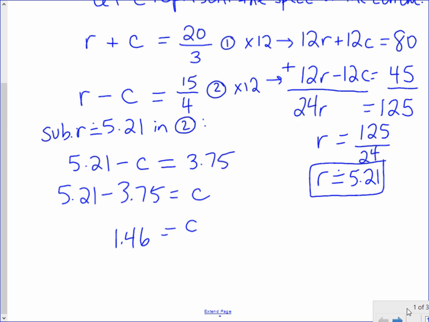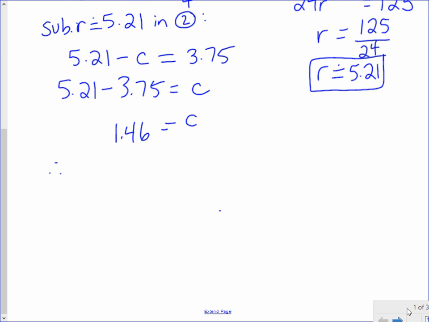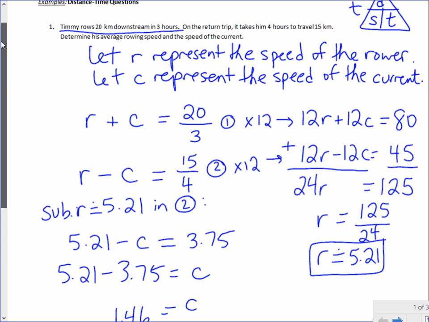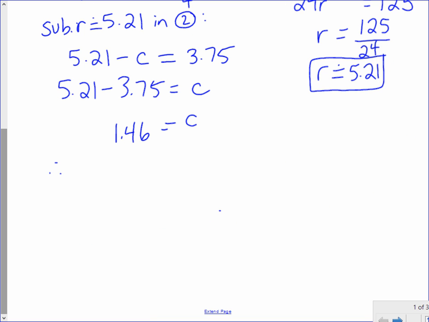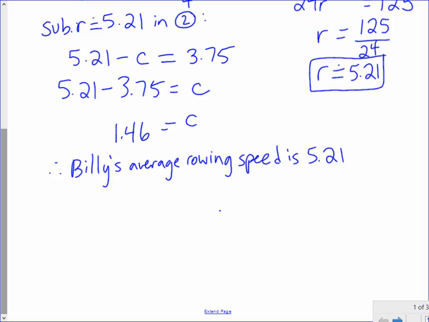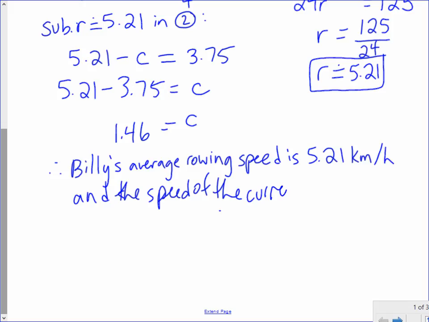So, conclusion, therefore, again, the question was, what is the average rowing speed and the speed of the current? Therefore, Billy's average rowing speed is 5.21 kilometers per hour, and the speed of the current is 1.46 kilometers per hour.